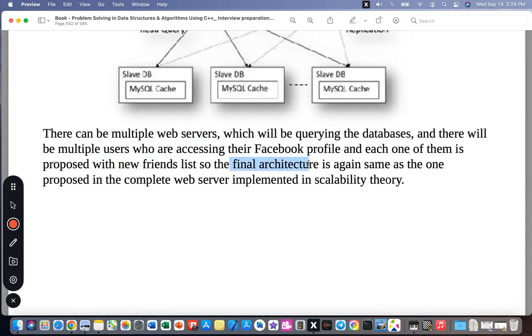So the final architecture is, again, the same as the one proposed in the complete server implementation in the scalability theory, which is exactly the previous video. So if you are playing a playlist, just go back and you will see that.